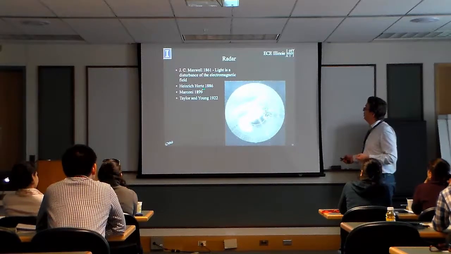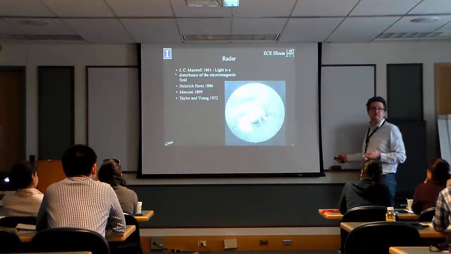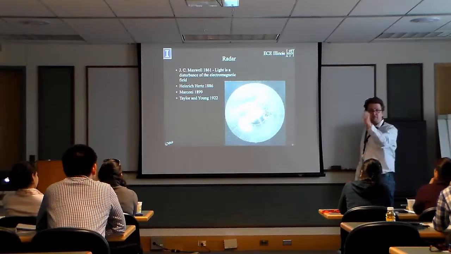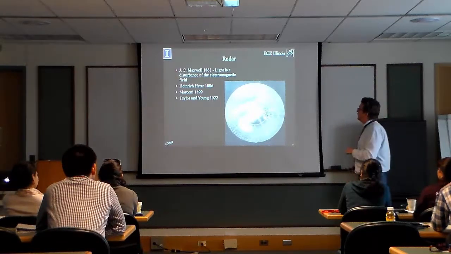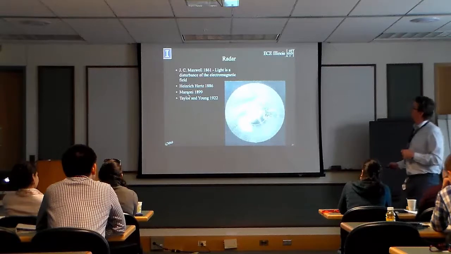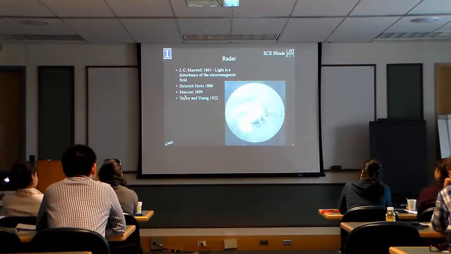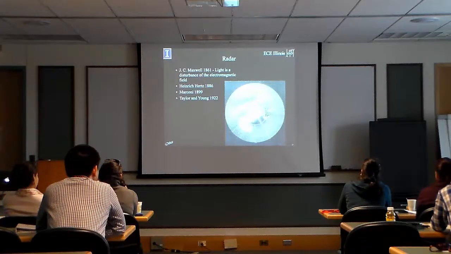Most people don't realize Hertz built a radar in 1886. He actually had a range-finding device working. Marconi uses it to send messages in 1899, and Taylor and Young invent this, what most people now think of as stuff from old movies, but this was a radar that actually scanned out into the atmosphere, and these are cloud structures that you can see.